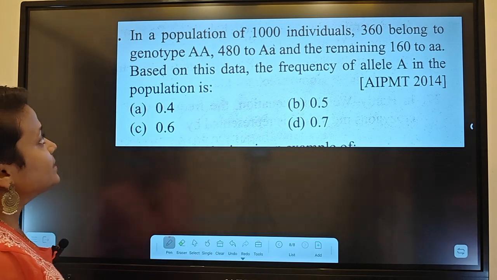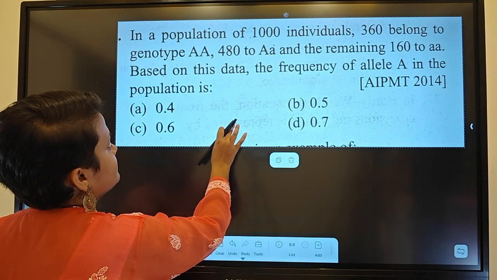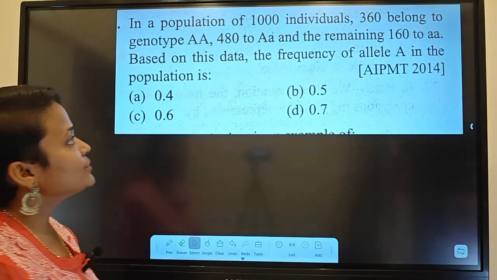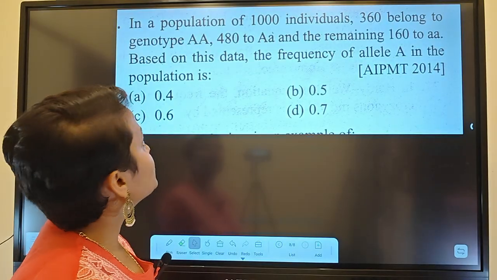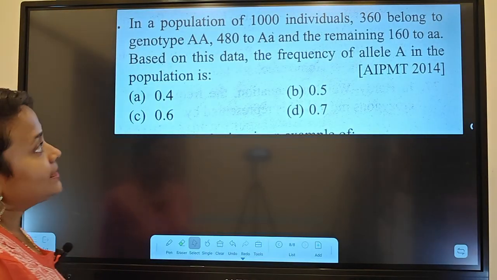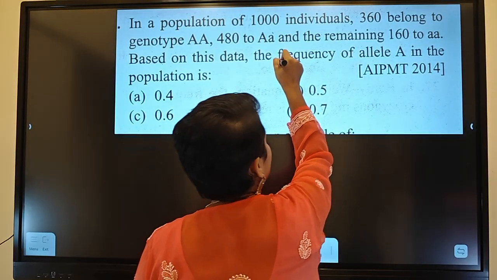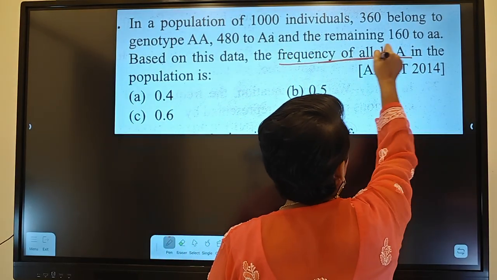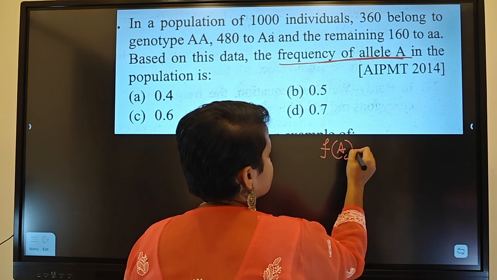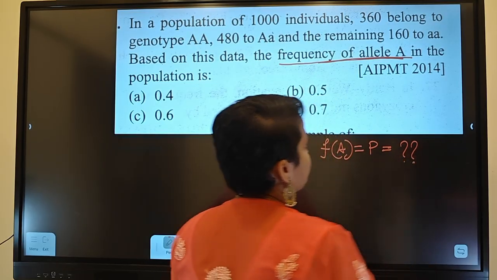They are saying that in a population of 1,000 individuals, 360 belong to genotype AA. Now they are asking about the frequency of allele A in the population. They are asking about the frequency of allele A, that means P. What will be the P?